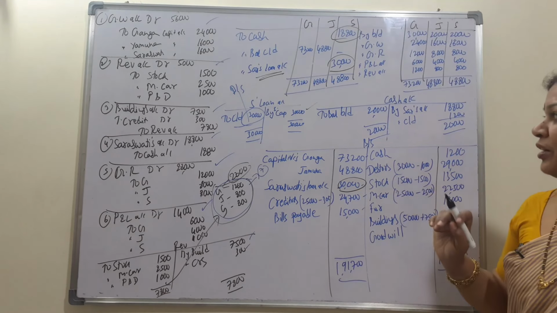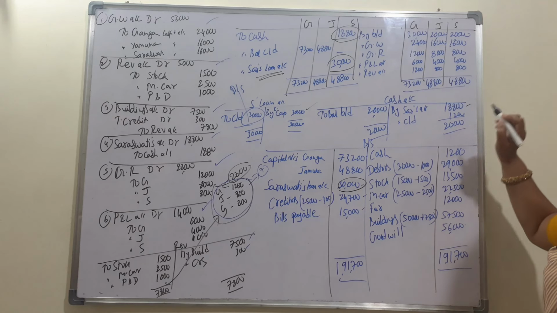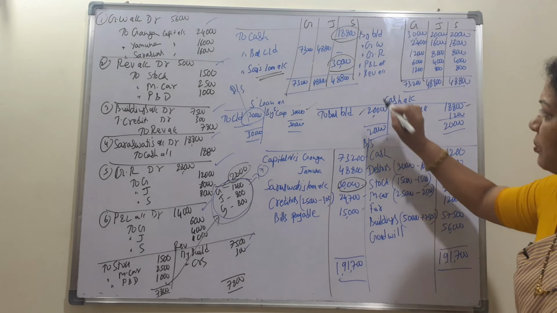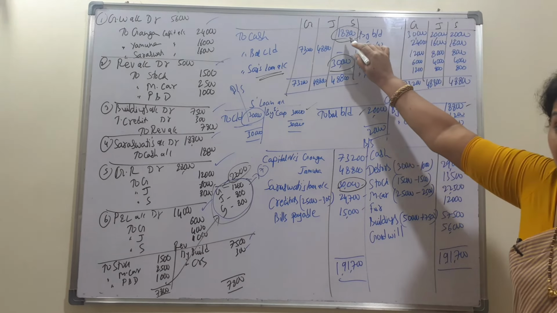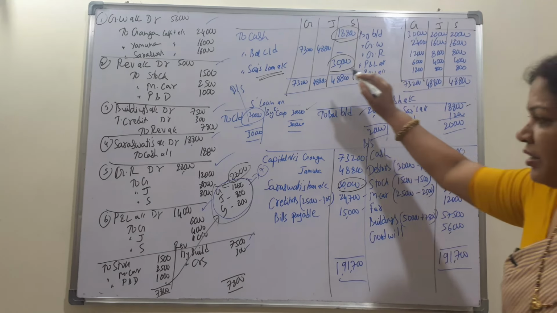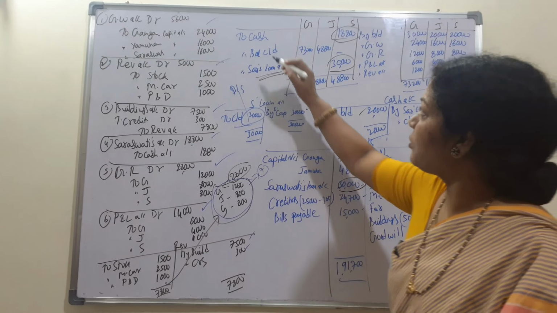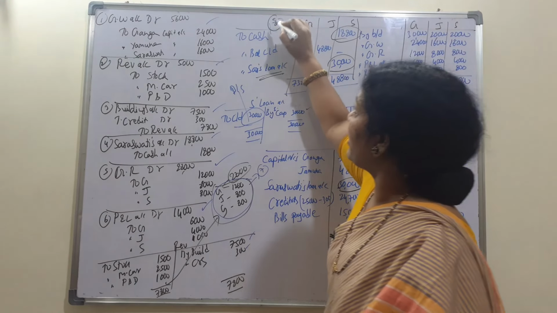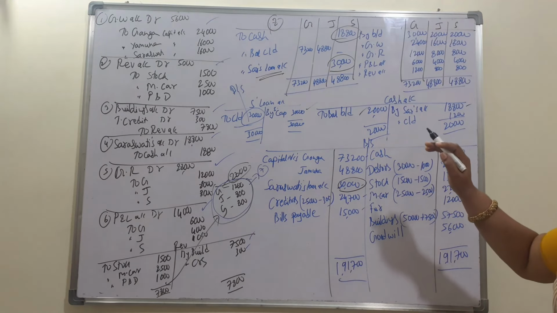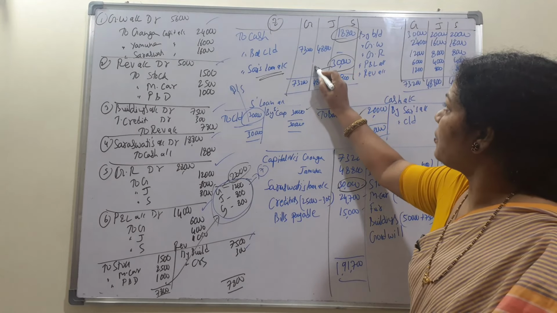After that open the cash account. Cash account also we have opening cash, and Saraswati got this much of cash, so this is this one. You can write here another entry. This is 7th entry is over now, so 8th entry can be this. And also 9th entry we can write this one.